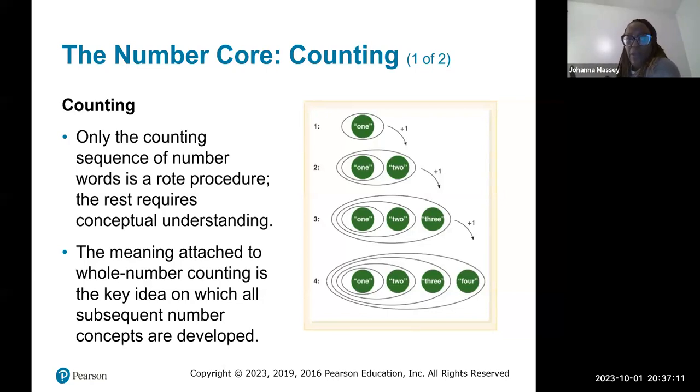Okay. Well, rote counting, 1, 2, 3, 4, 5, 6, 7, all the way up to whatever, is a rote procedure. The meaning attached to whole number counting is the key idea on which all subsequent number concepts are developed. Okay, so the meaning attached to it.